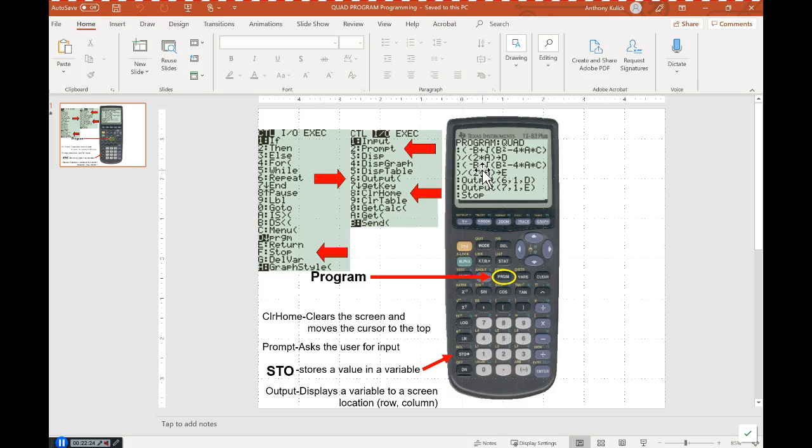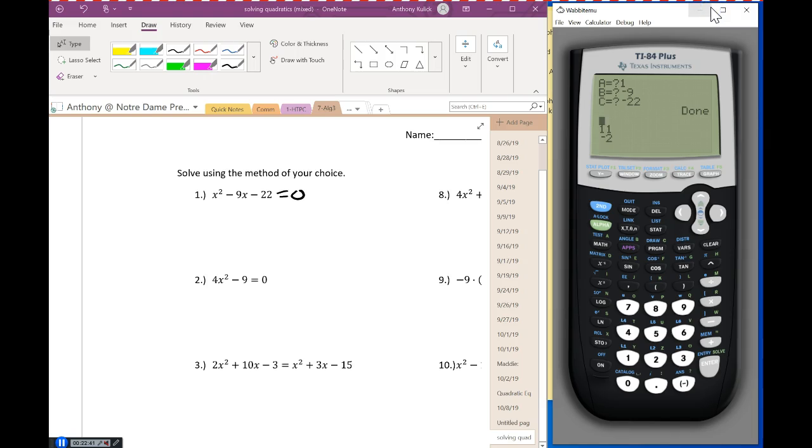Good. Why don't you guys try 2? Try to do 2.